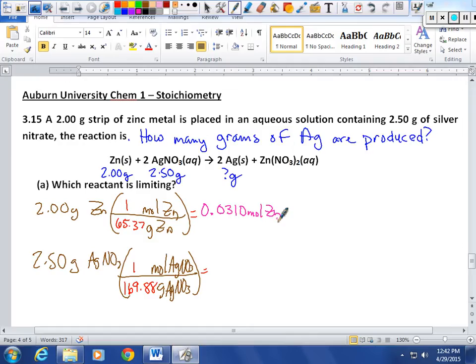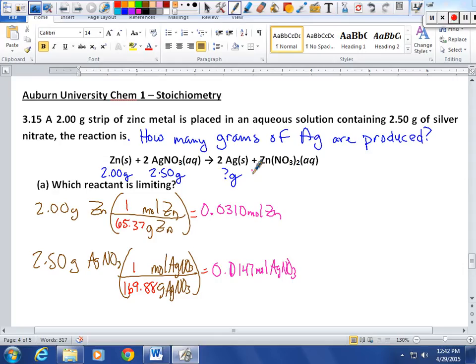Alright, how many moles of silver nitrate? 0.147. I remember that number from earlier now. Alright, so that's all step 1. Okay? Everybody that is step 1. There's nothing different that we've ever done except we've done it for both reactants.